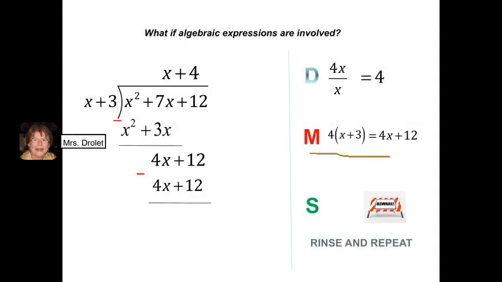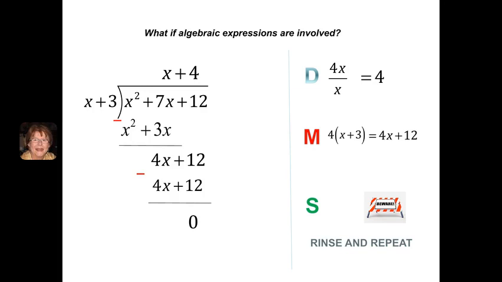After we multiply, we subtract, and we're careful. 4x minus 4x is 0. 12 minus 12 is also 0.